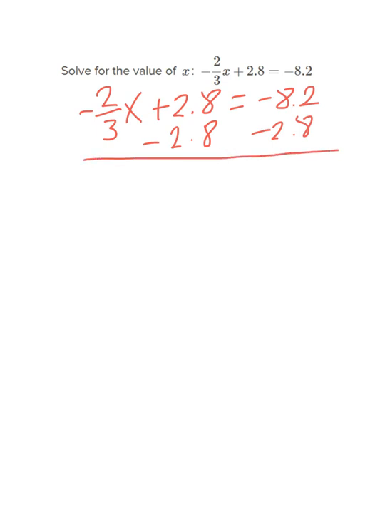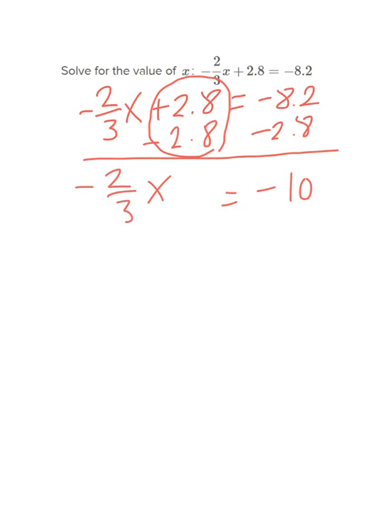And the result is negative 2/3 x, this much right here equals 0, equals negative 10. Negative 8.2 and a negative 2.8 together make a negative 10.